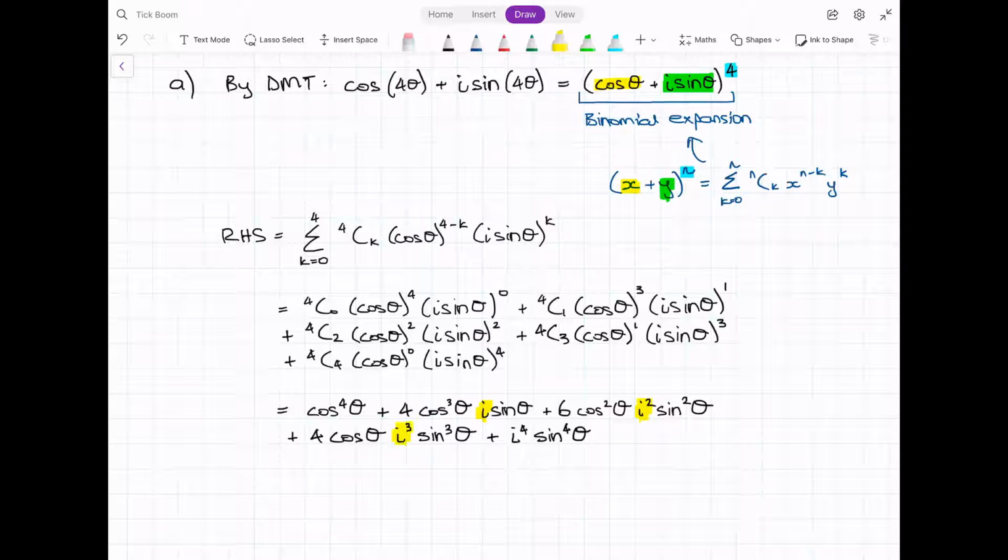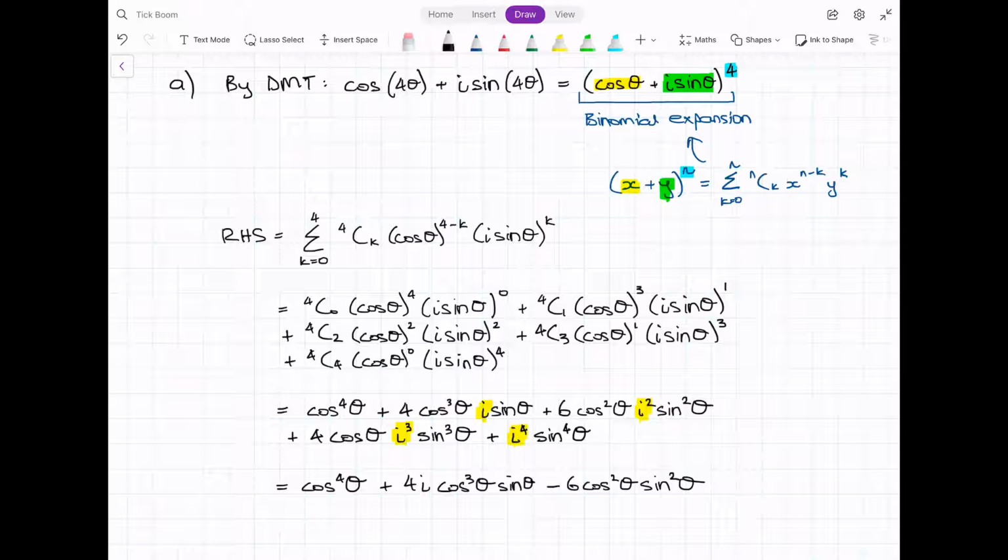And as I briefly mentioned, now the key is to think about the various powers of i, and what we end up with, and that will help us with our real and imaginary parts. So this is going to be equal to cos theta to the power of 4, and then the i just remains as i, so plus 4i cos cubed theta sine theta. Then the i squared becomes negative 1, so that becomes negative 6 cos squared theta sine squared theta.